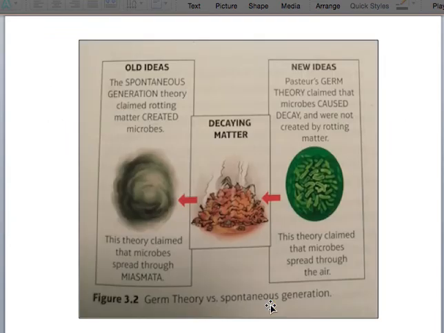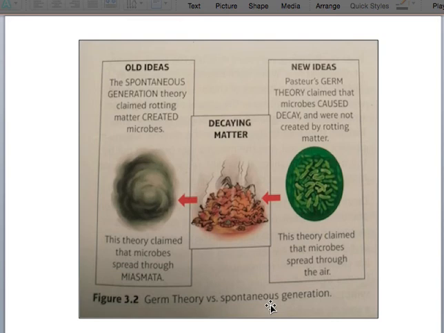So we can definitely see, though, that there was a change, and we will be talking about this over the next couple of lessons. So we have this idea of the old. At the start of the 1700s, we had this idea of the spontaneous generation theory, which claimed that rotting matter created microbes.